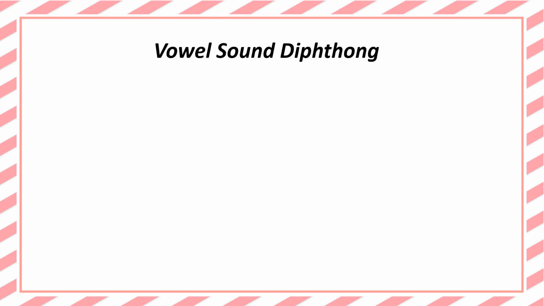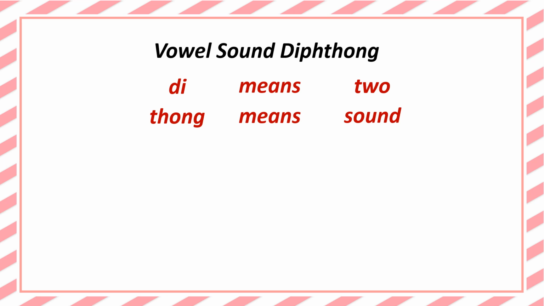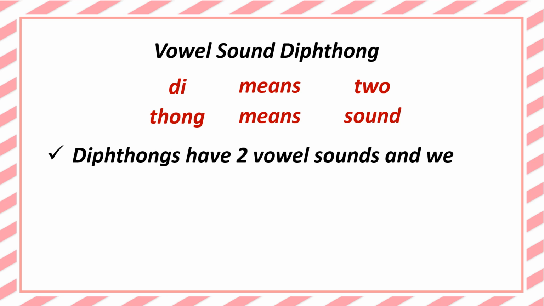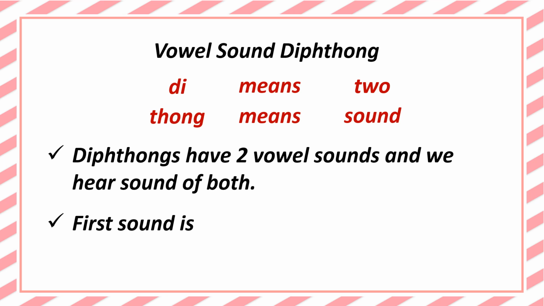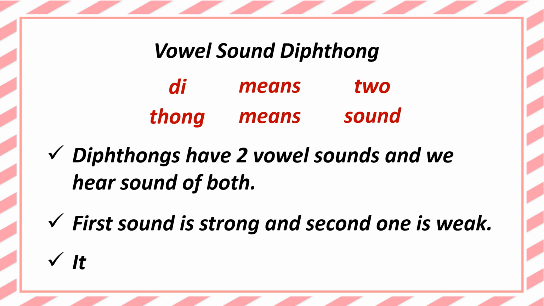Vowel sound diphthong. Di means two, thong means sound. Diphthongs have two vowel sounds and we hear the sound of both. The first sound is strong and the second one is weak. It has a gliding sound.